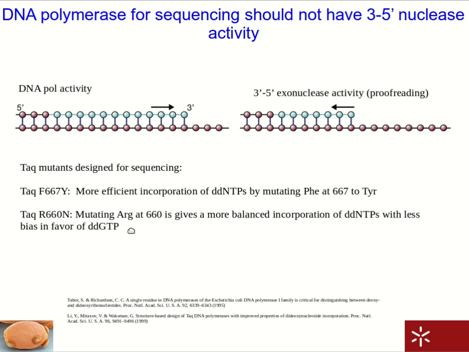If we change the arginine at position 660 to something else, we get a more balanced incorporation of ddNTPs. The normal enzyme, or the wild-type enzyme I should say, has a bias for dGTP or ddGTP, which means that the fluorescent curves become very different in strength, and it makes the analysis more difficult.